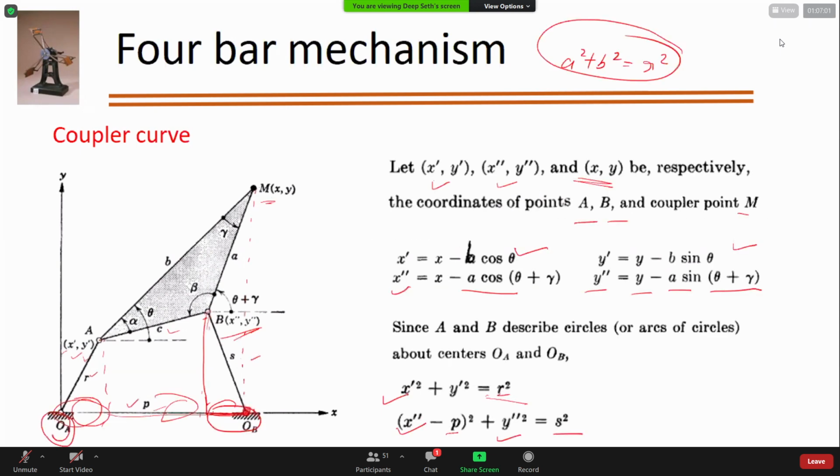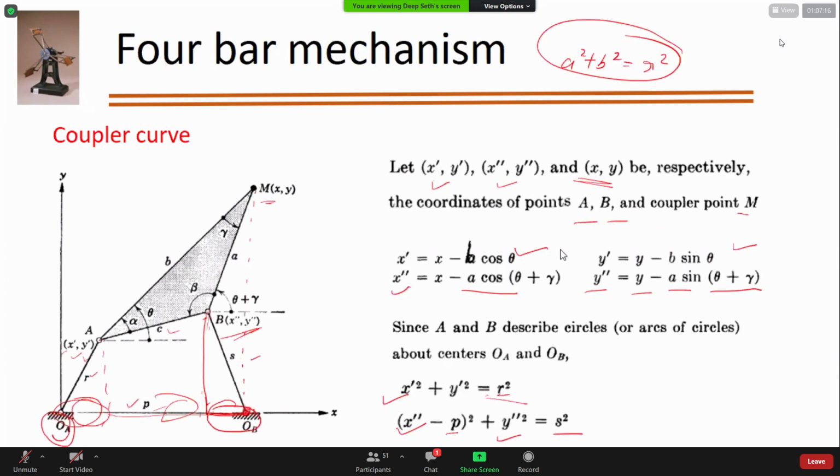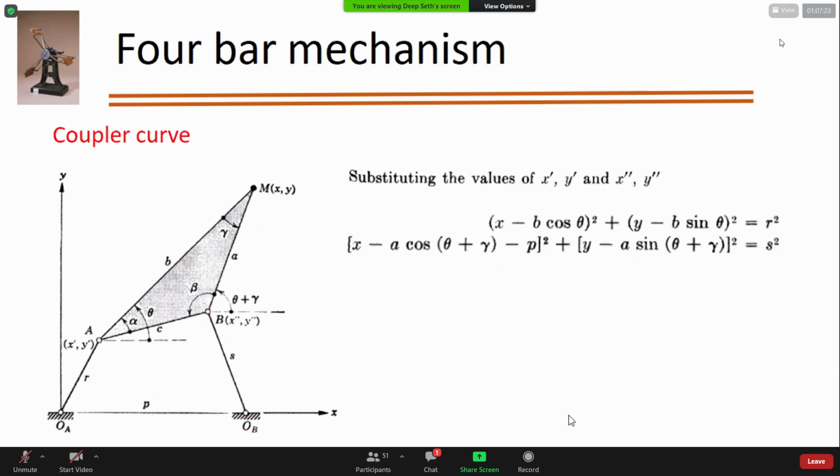Now what we will do is take these values of x dash, y dash, x double dash and y double dash from there and substitute them in these equations.